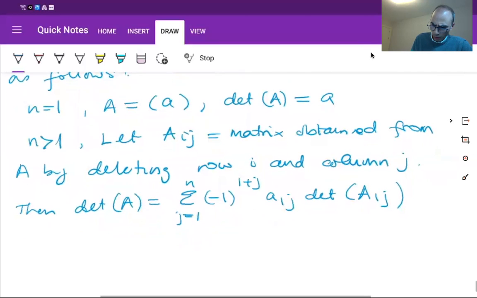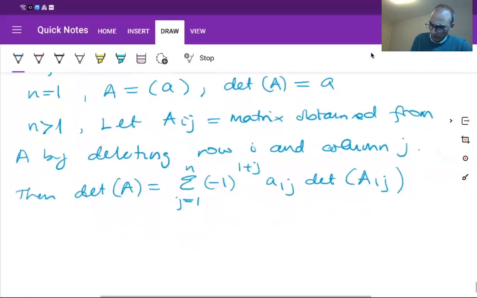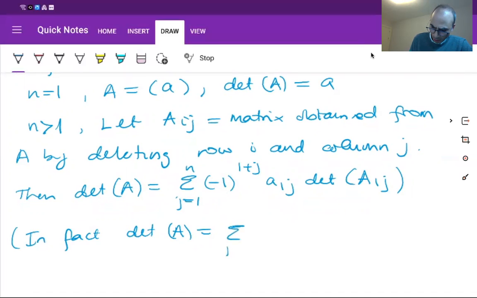We call this the cofactor expansion along the first row. It turns out that the determinant can also be given by cofactor expansion along any row, so we can define this for any i.